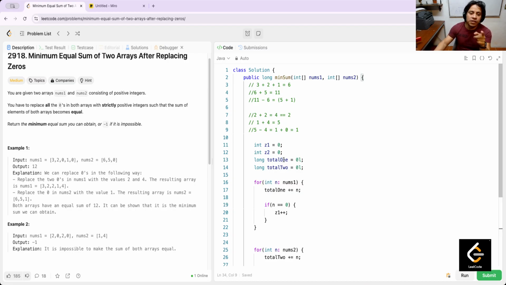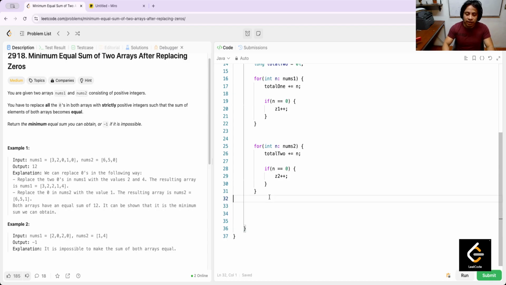If the number of zeros is greater, we need to get the difference. A long diff, the difference, it's equal to Math.abs of total 1 minus total 2.